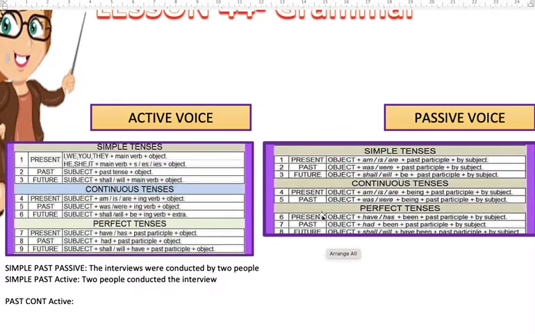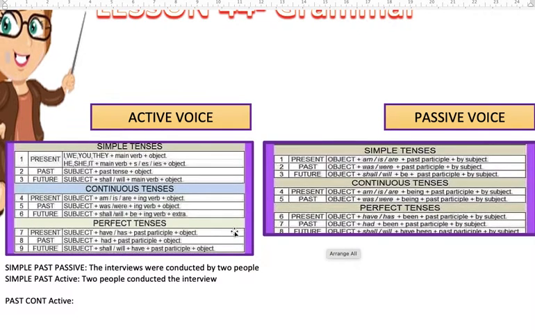Okay, for example, we use simple present tense first. For example, they conduct the interview.